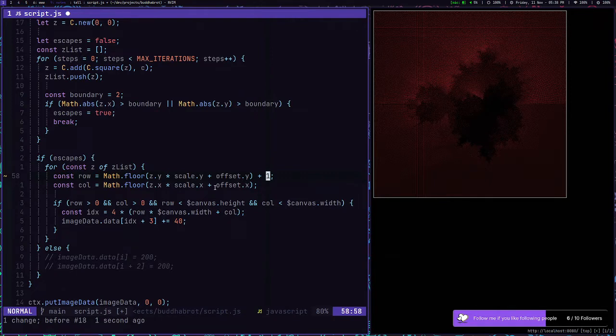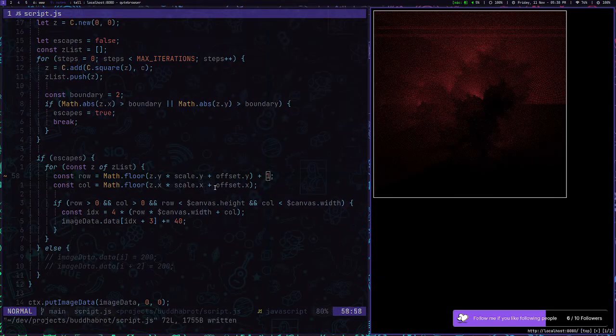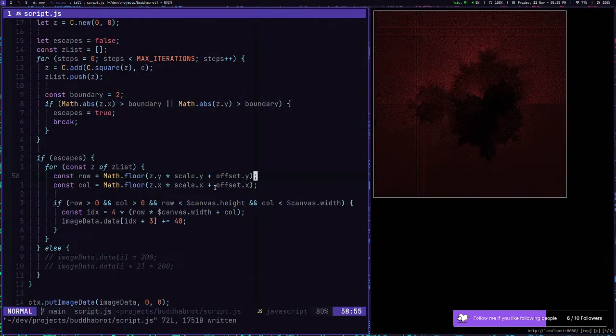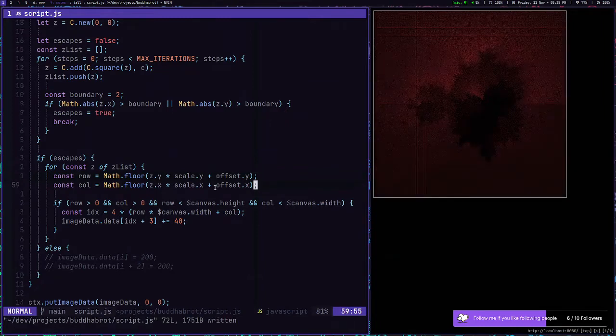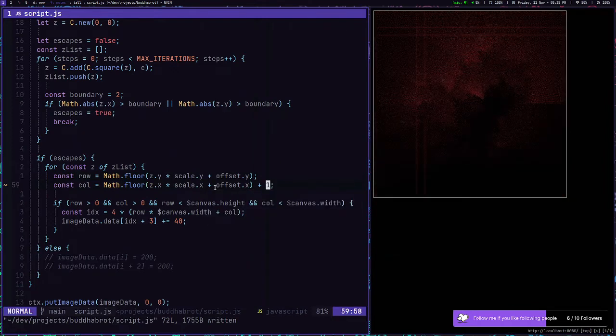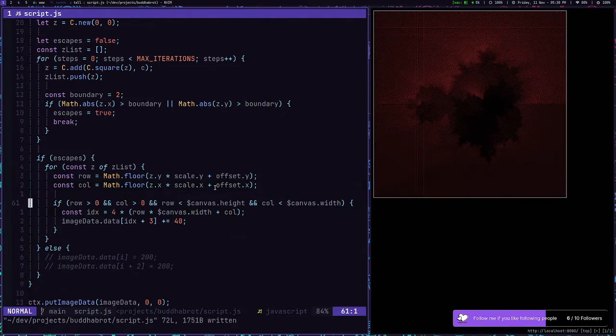Would the row be the y value that we get? Okay, let's run it and see. That got screwed up, so I'm guessing this is the right one. That got darker. It doesn't matter. So that's not it. While we're at it, might as well just see what this does. Nothing. Back to this guy.